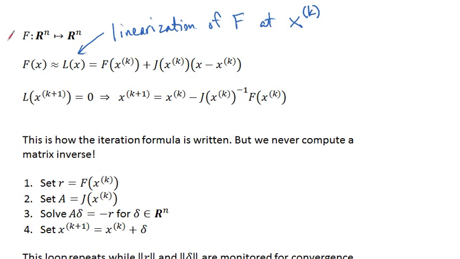And so that consists of the value at xk plus the Jacobian at xk times x minus xk. So now the L will be a substitute for capital F. We set L equal to 0 and we call that root the next iterate. Okay, so this is the next value.